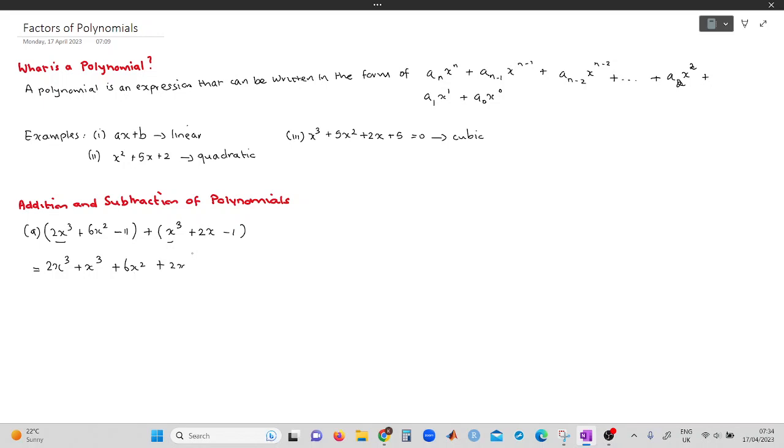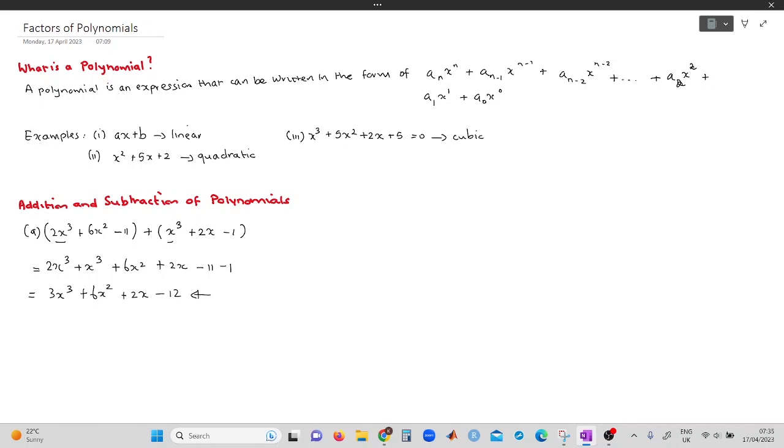Plus 2x. Here we have 2x, but in the first polynomial we have no x term, so it remains the same. And then the constant terms we put together: minus 11 plus minus 1 gives me minus 12. So when we simplify, 2x cubed plus 1x cubed gives me 3x cubed plus 6x squared plus 2x minus 12.